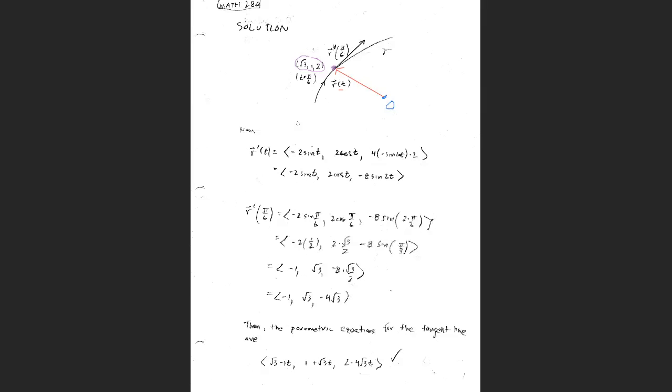Here's the derivative vector here. It's tangent to the space curve at t equals pi over 6.